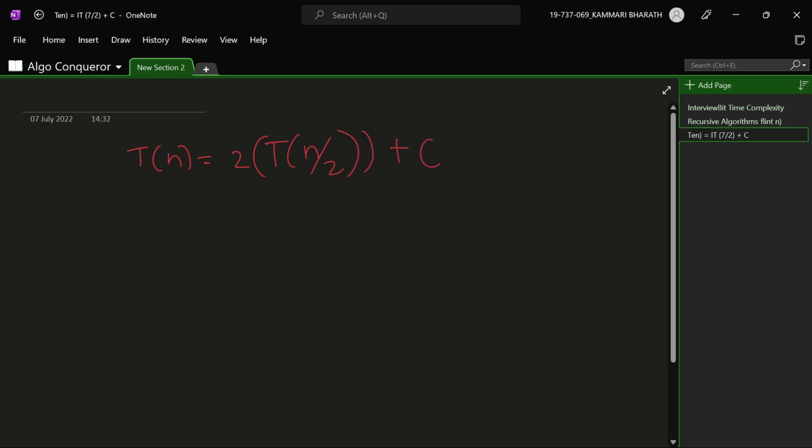This is the recurrence relation given to you, and you have to find the time complexity of this recurrence relation. And the easiest method to do this is the recursion tree method.